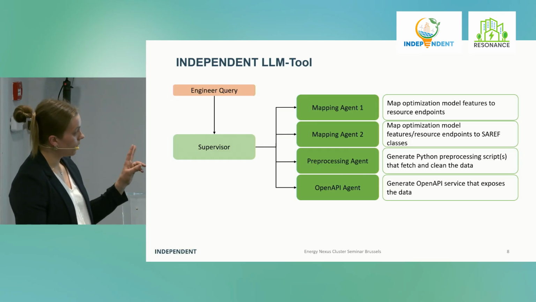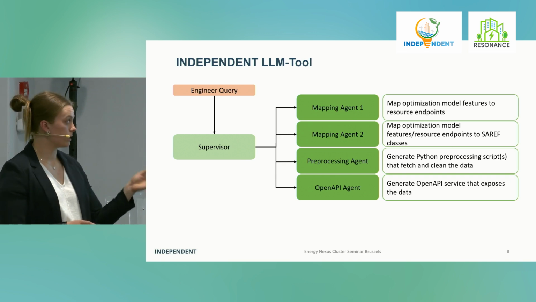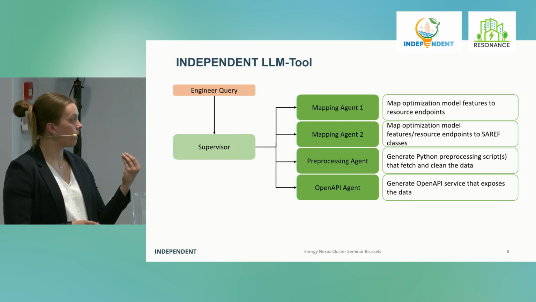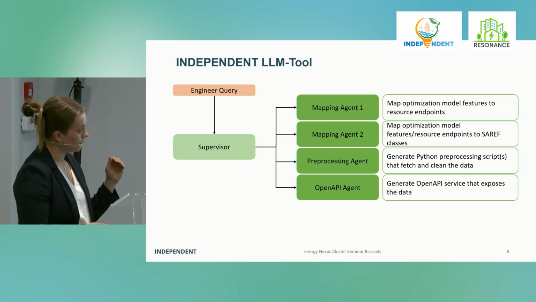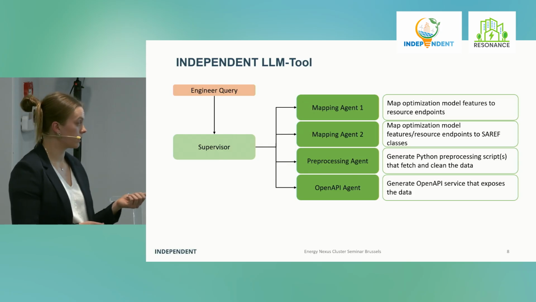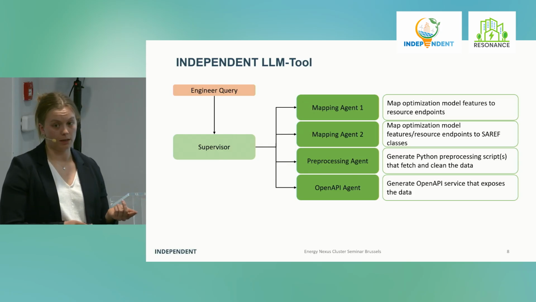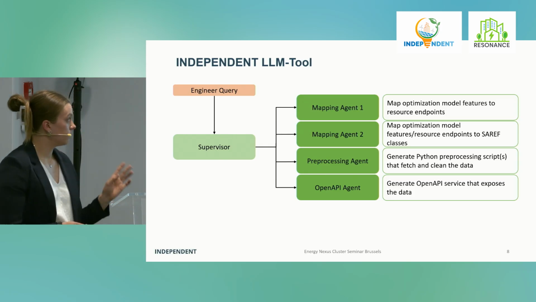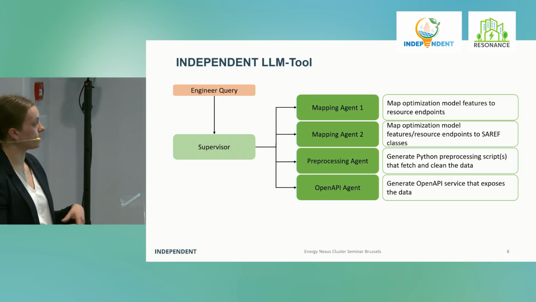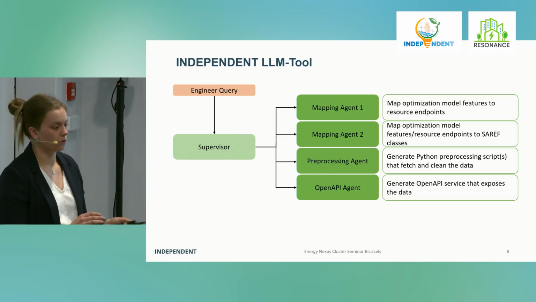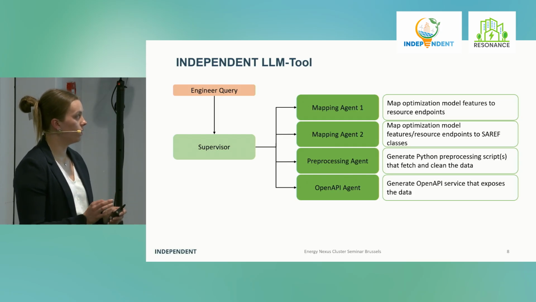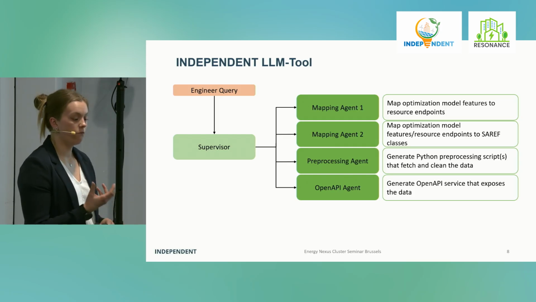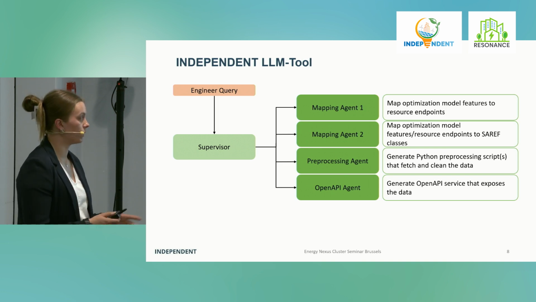So we will have 2 types of mapping agents: one that will map the resources into the model, one that will perform the semantic interoperability tasks, mapping into SARF, and then 2 agents that will utilize code generation, one just for pre-processing scripts and one to generate the open API service. We decided on this because it's easier to break down a workflow into these specific agents, because it keeps the whole tool and the sub-agents more focused on the specific thing that they're trying to do without overcomplicating the whole thing.